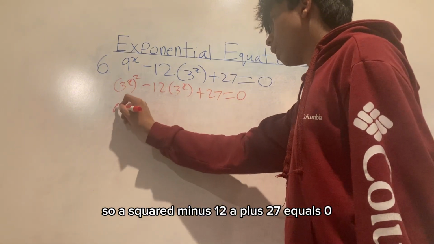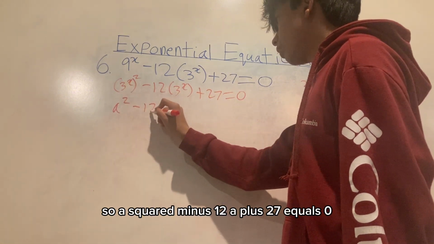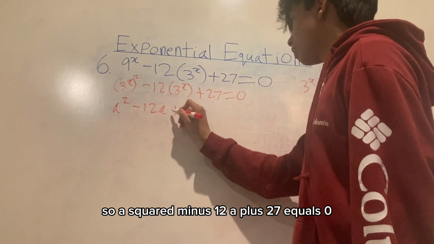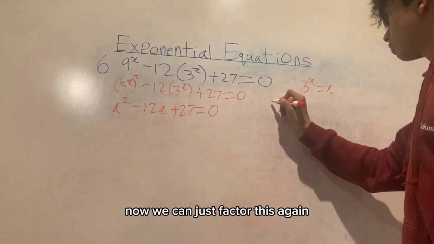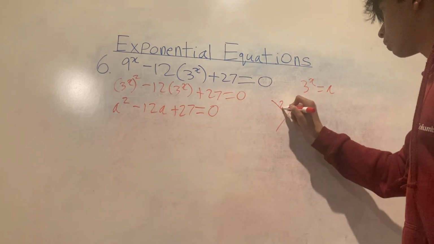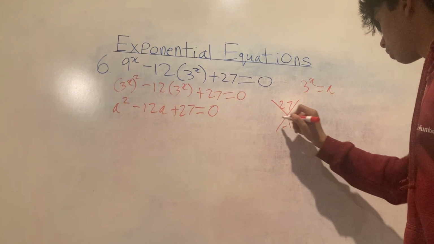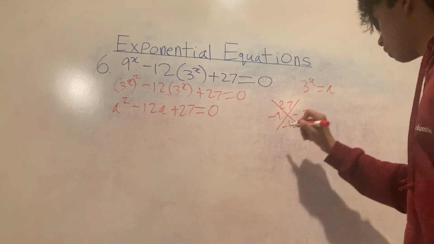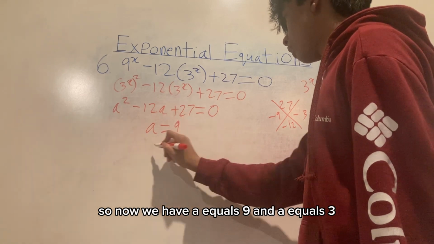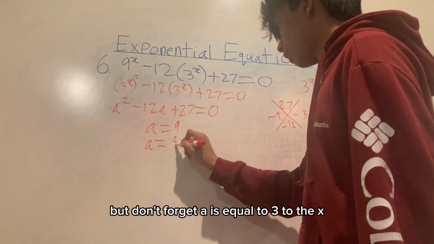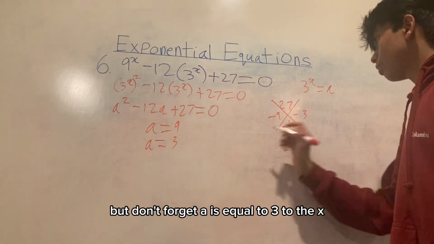So a squared minus 12a plus 27 equals 0. Now we can just factor this again. So now we have a equals 9 and a equals 3. But don't forget, a is equal to 3 to the x.